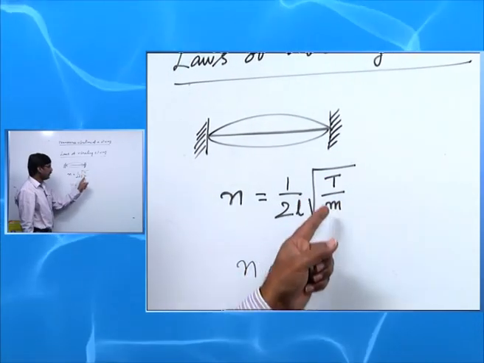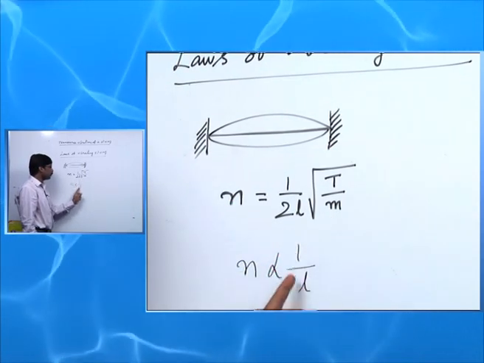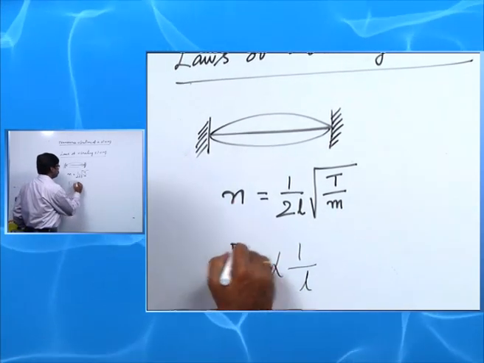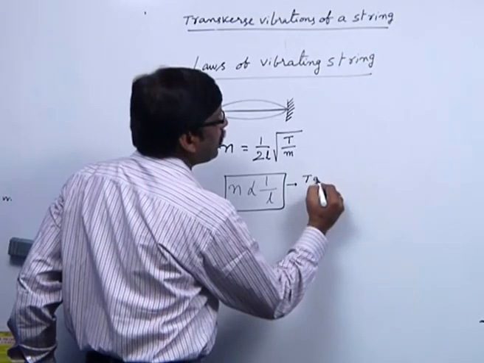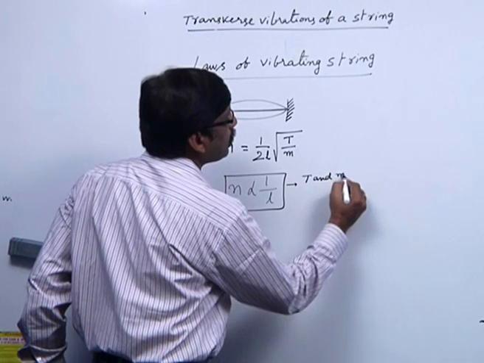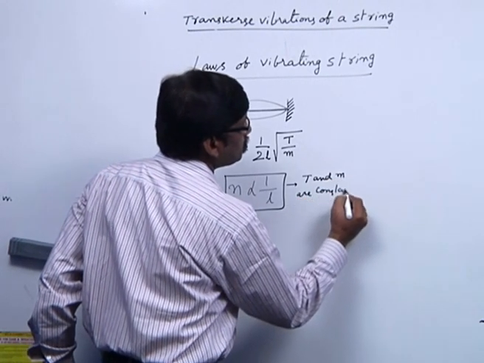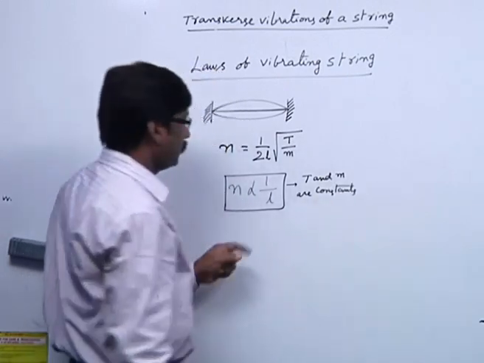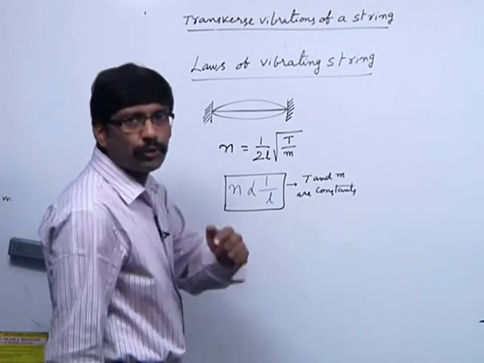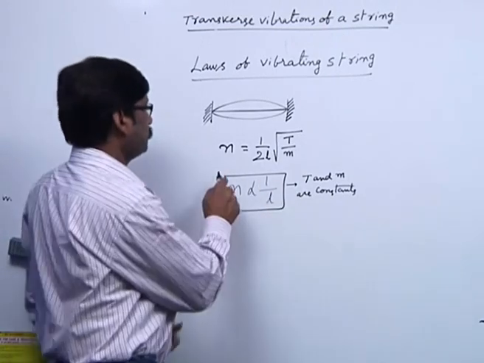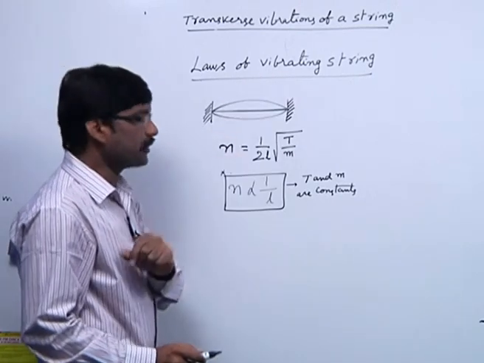That is, when T and M are constants. Or you can write N1 L1 is equal to N2 L2. So, you can say this is the first law of the vibrating string.